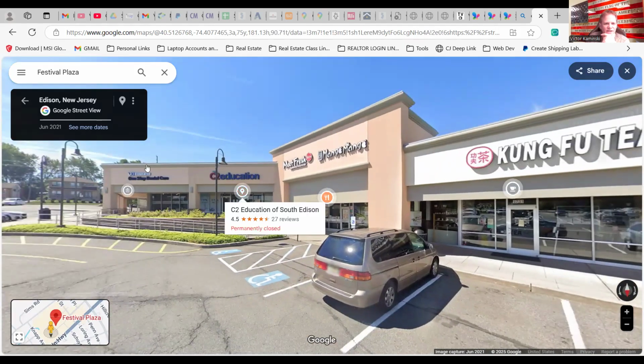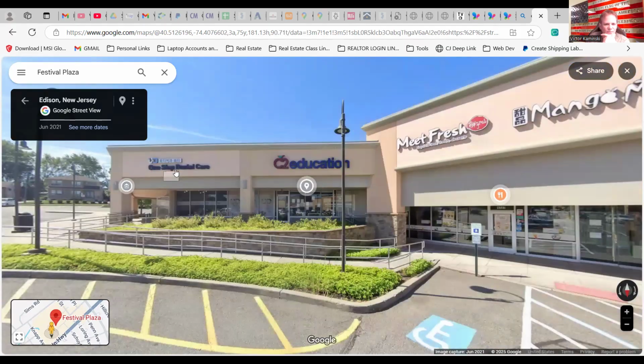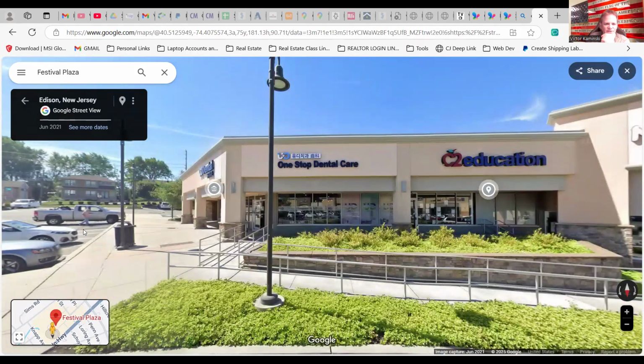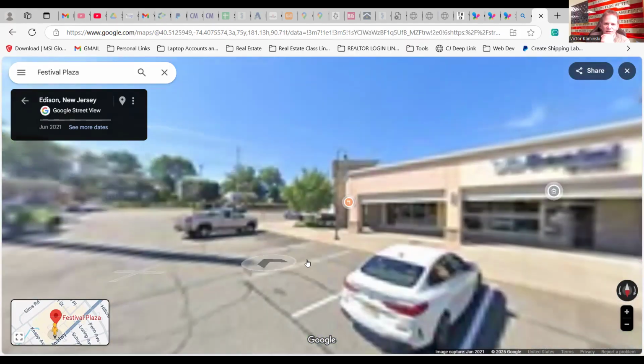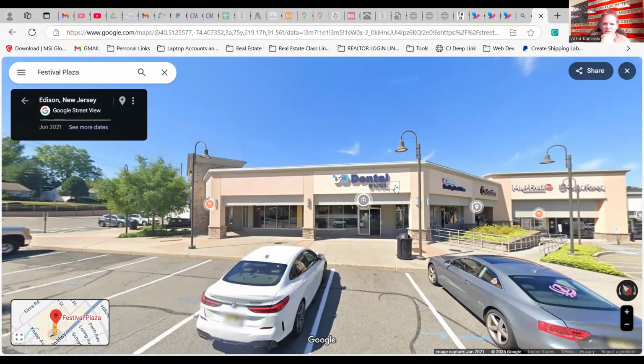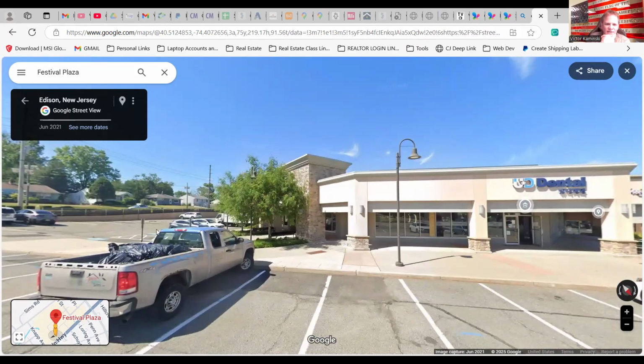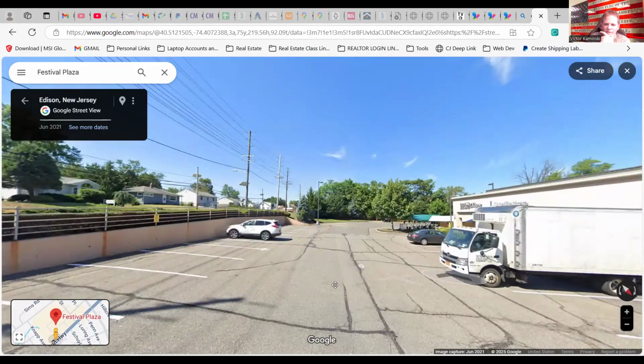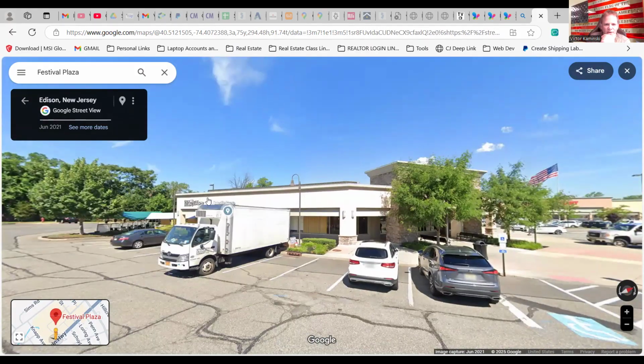Okay, we got an education place. We have some sort of a one-stop, some kind of medical care facility here. Delta Dental, or is that? No, it's some kind of United Dental Group. Around this side, there's another kind of medical group, and it looks like some kind of other stores over here.